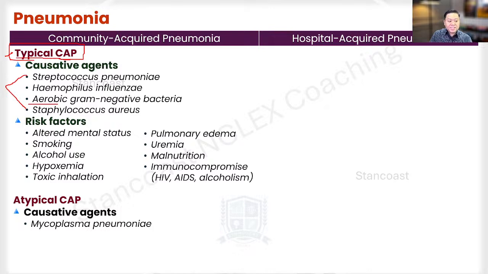This is what we call walking pneumonia. All right, and this type of microorganism can often cause milder symptoms.